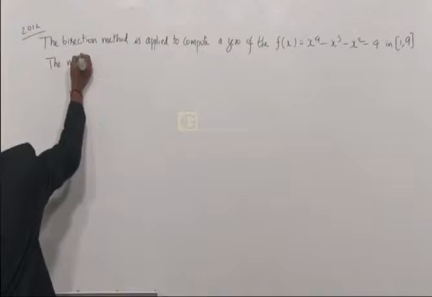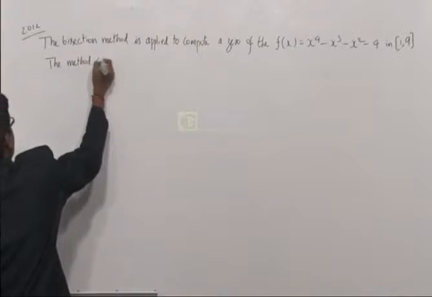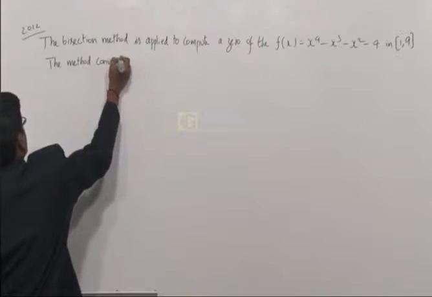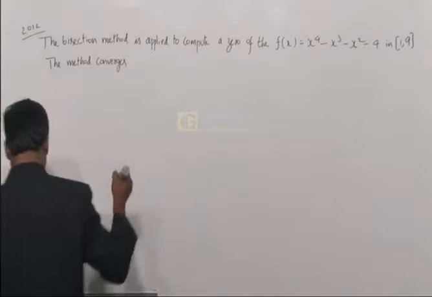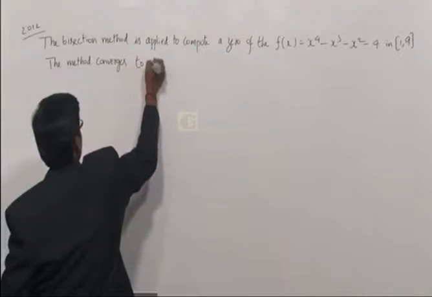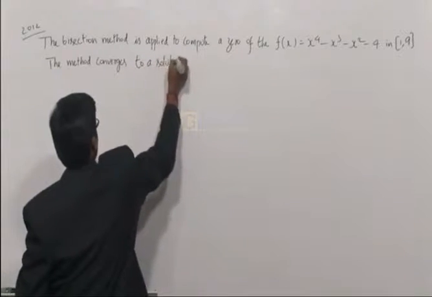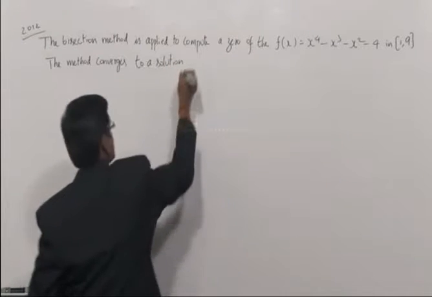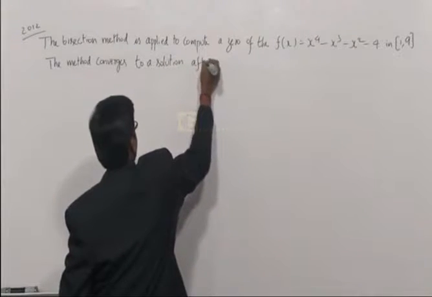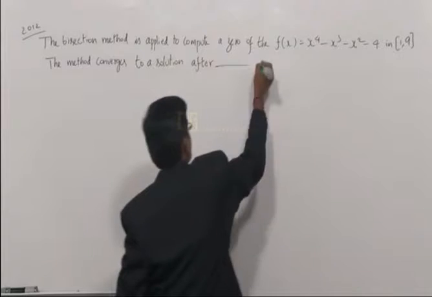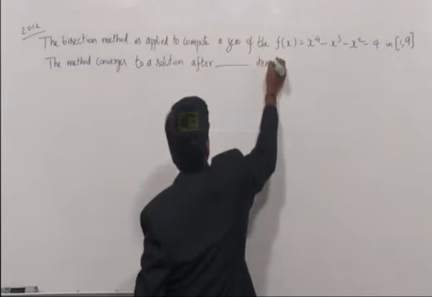The method converges to a solution after how many iterations? It is given as fill in the blanks.